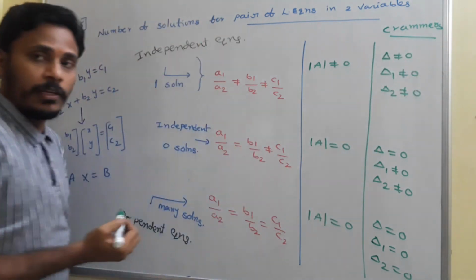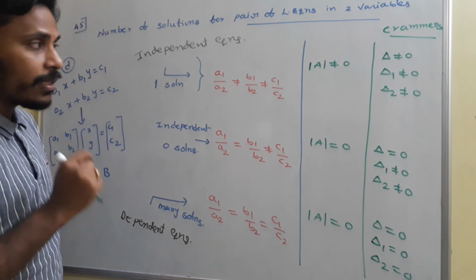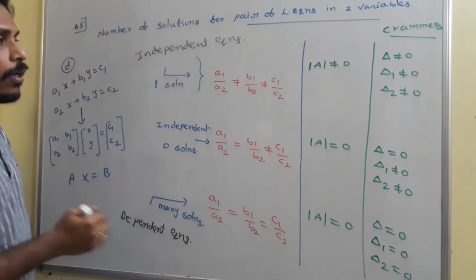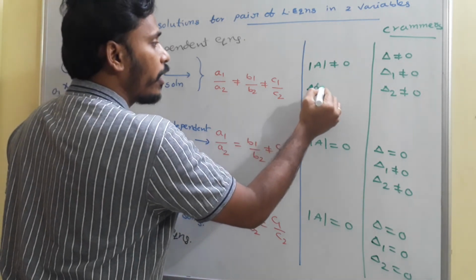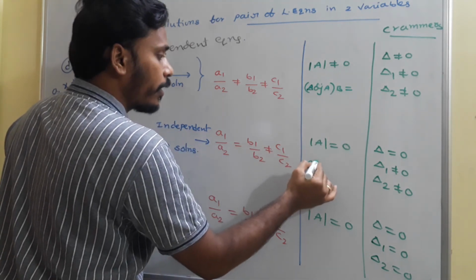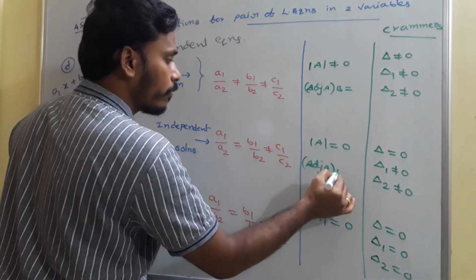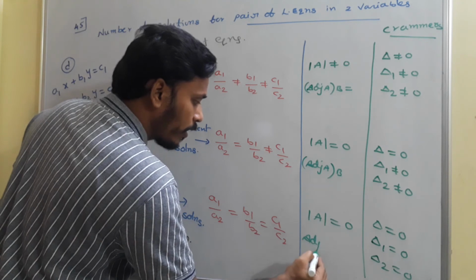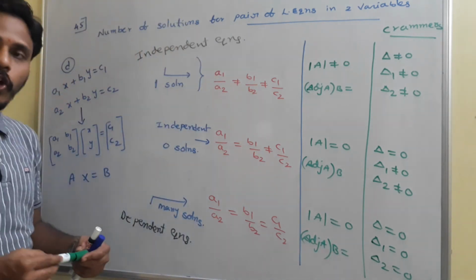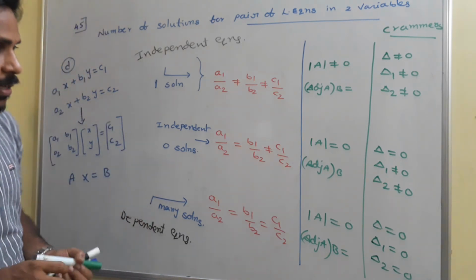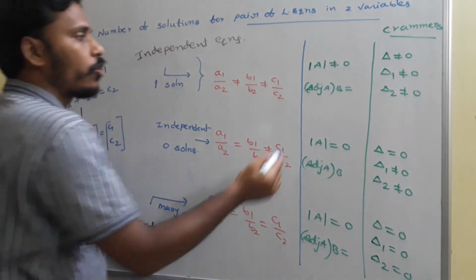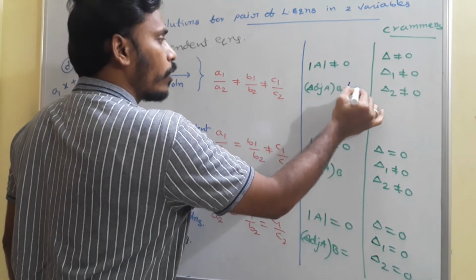Whereas if you think from the matrix inversion method, in the matrix inversion method we are thinking about adjoint A into B. Okay, see what happens for adjoint A into B. See, you just simply find that adjoint A into B as we discussed in the last class, and from this analysis, since these two are not equal to 0, adjoint A into B is not equal to 0.